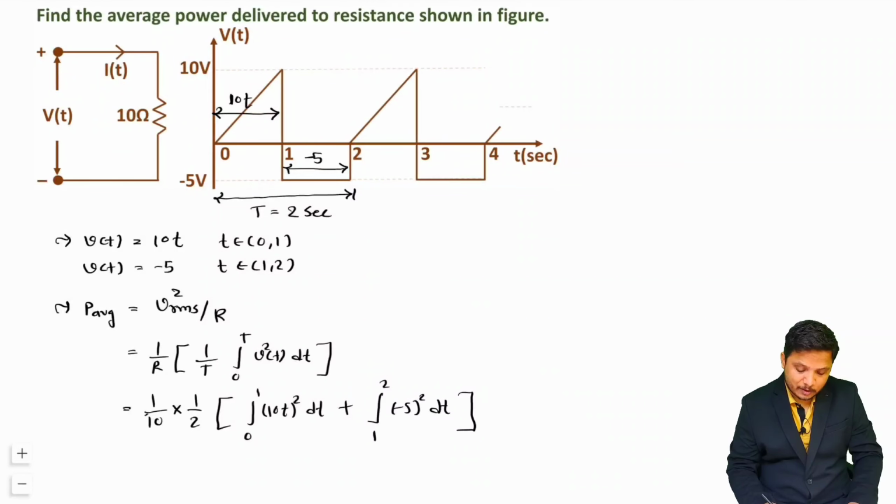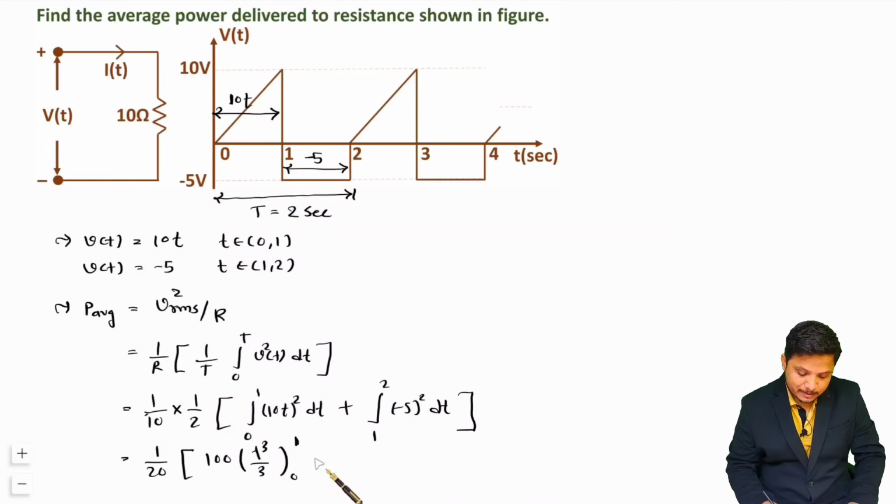Now we just need to solve this. So this is 1 by 20, and this 10 square, that is 100, will come out, and integration of t square is t cube by 3, limit from 0 to 1, plus this minus 5 square, that will be 25, and integration of 1 is t only, with limit 1 to 2.